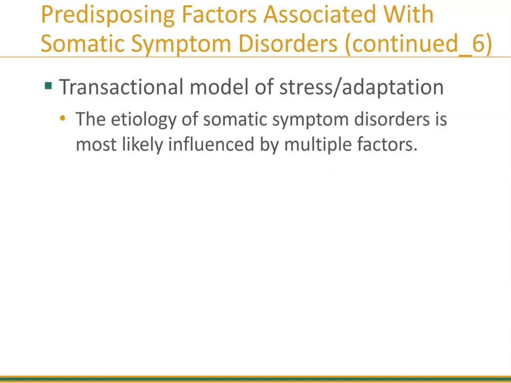Transactional model just means that there are multiple factors, including some of the learning, genetics, or psychodynamics. They're saying that it's just a combination of multiple factors that may predispose someone to develop somatic symptom disorder.